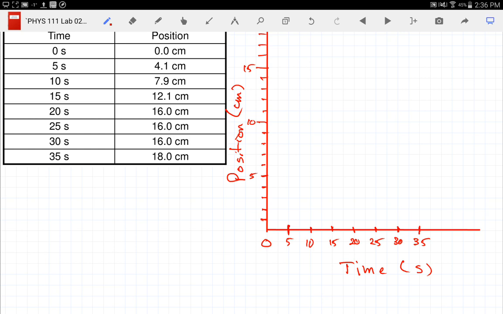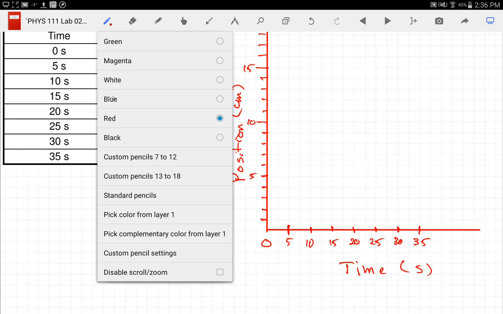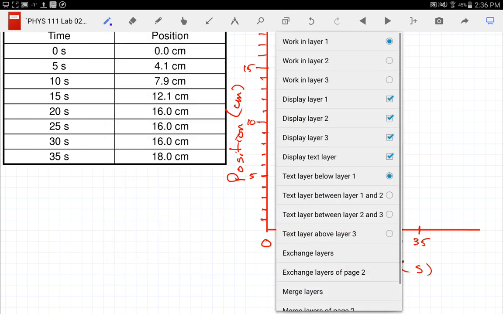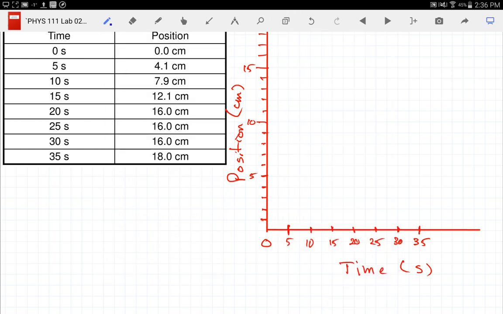Now we put the data on. We need to be careful in putting that data on. I'm going to change color and change it back to layer 2. So my first data point was here at 0, 0.